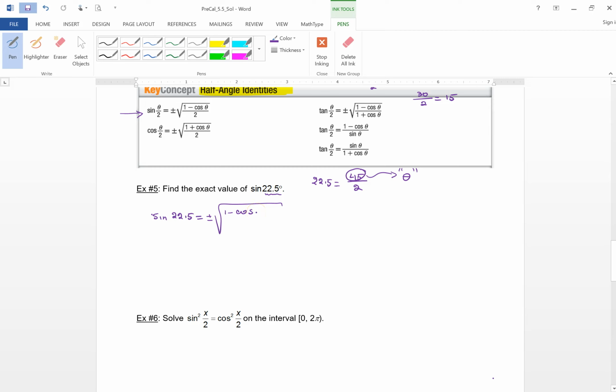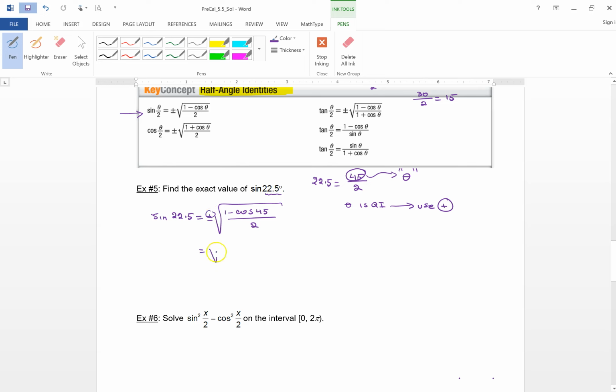What's theta? 45. Then I'll tell you exactly why I love these. Now, plus or minus, are we going to take the plus or the minus? Well, is our angle in the first or the second quadrant? First quadrant. So we take the plus, okay? So since theta is in quadrant 1, use the plus.